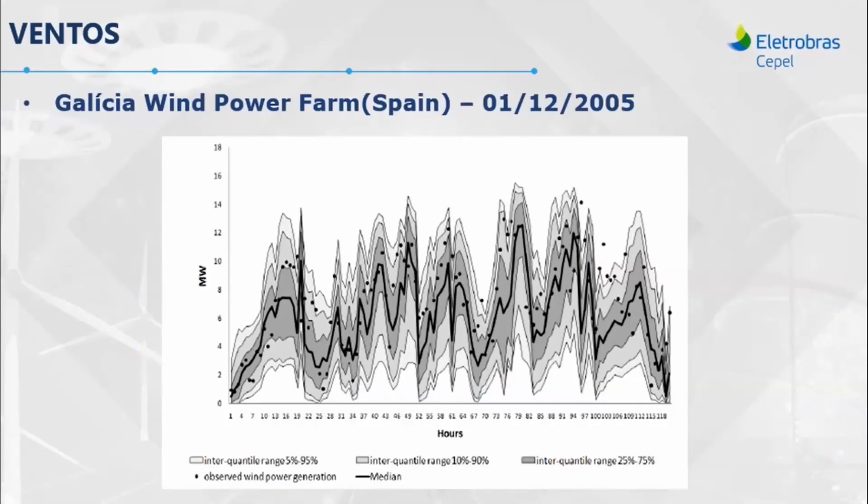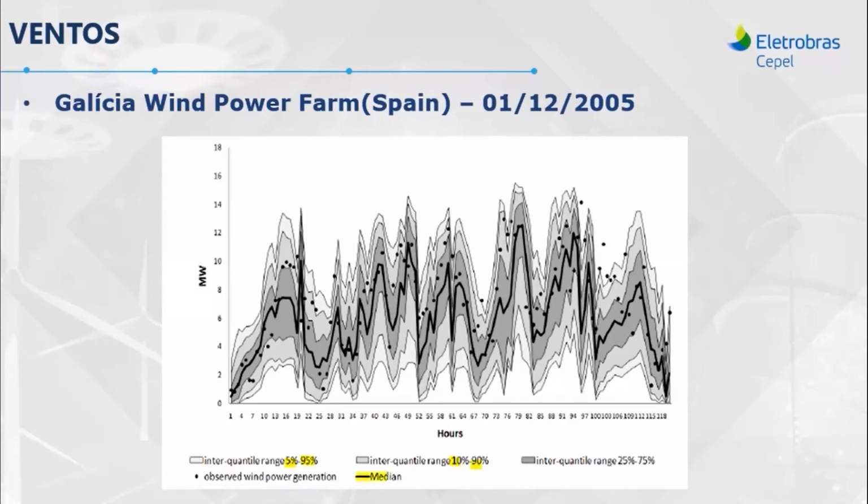This is an experiment done with data from a wind farm at Galicia, Spain, and we can see the predicted interquartile ranges. Okay, we have the interquartile range 5% to 95%, the interquartile range 10% to 90%.